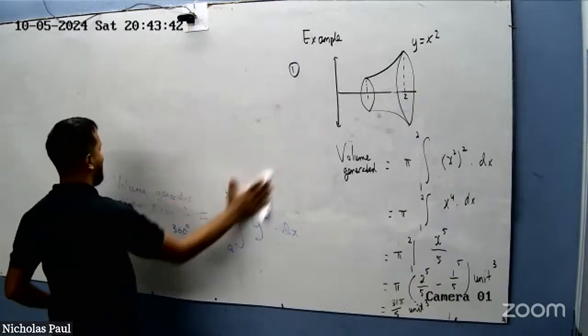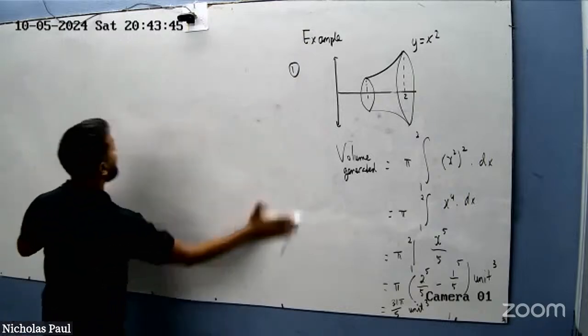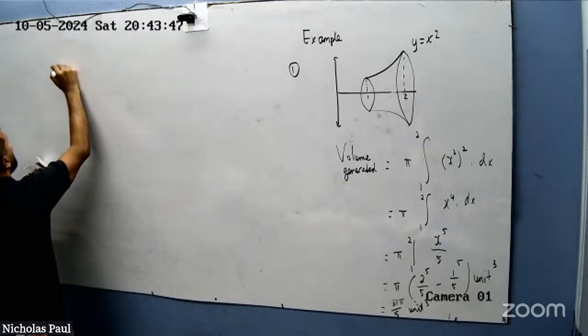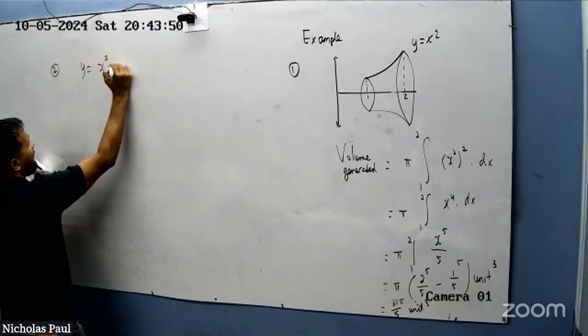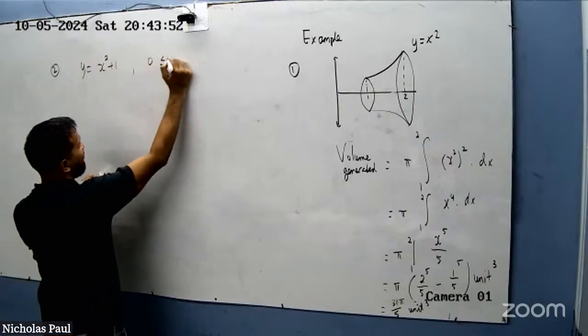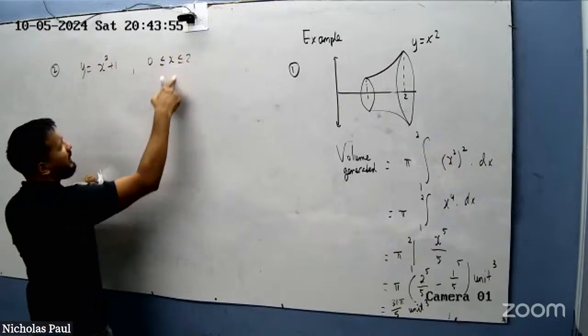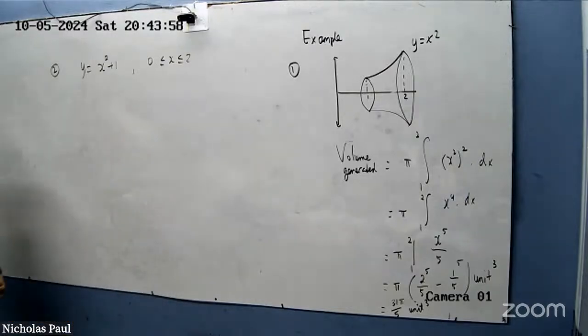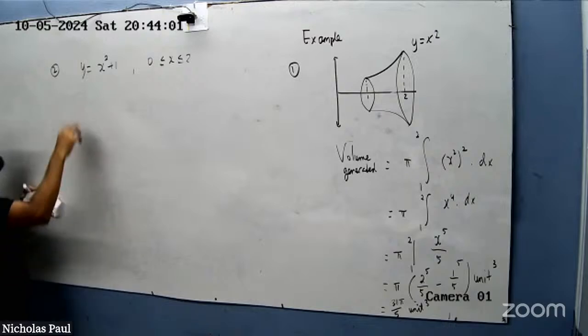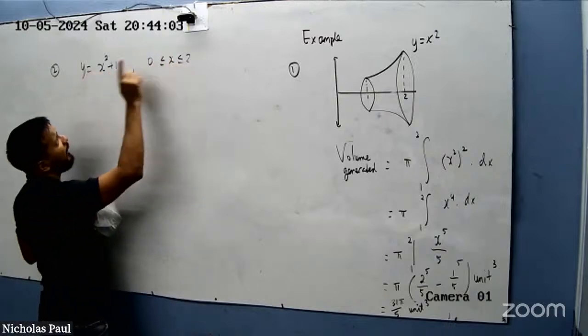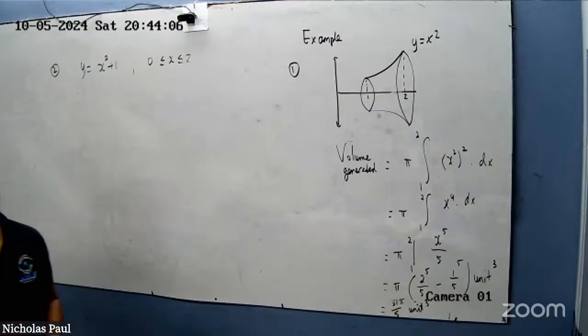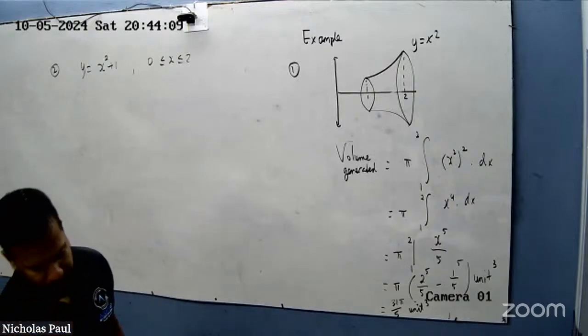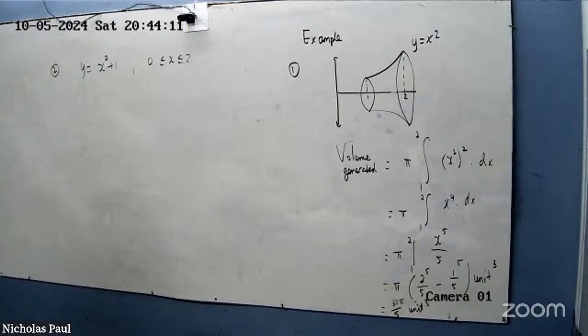So when this is rotated between 0 and 2, x squared plus 1. No diagram? You have to draw that. The diagram will just make sure you understand what is generated. Take your time, remember you have to square it, right?